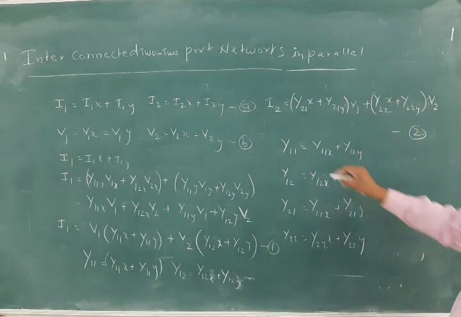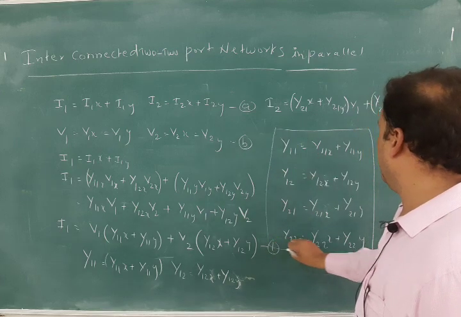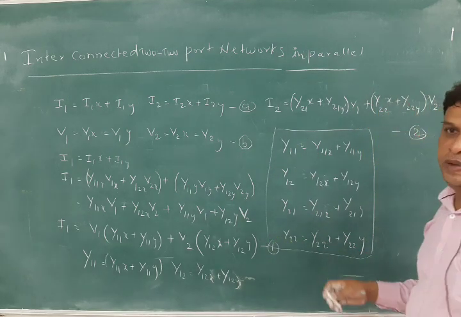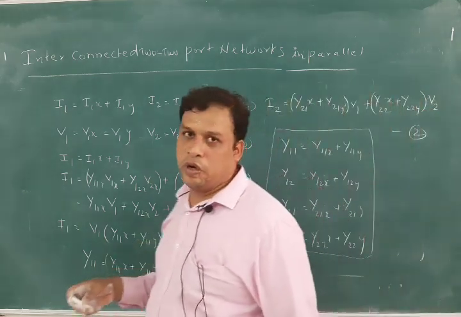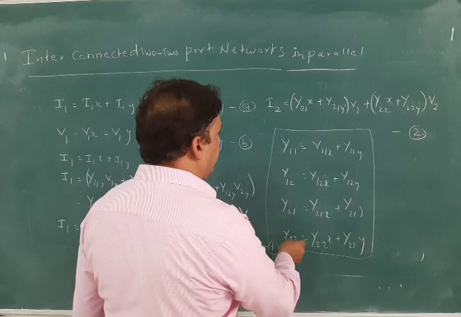So from these we got the equations of Y11, Y12, Y21 and Y22. Describing this interconnection of two port networks in parallel, we get Y11, Y12, Y21 and Y22 respectively.